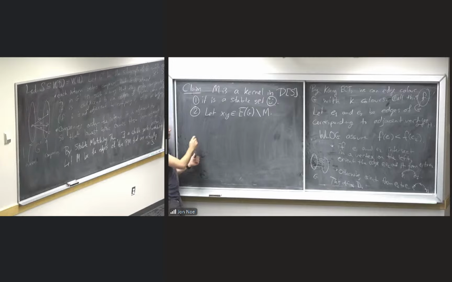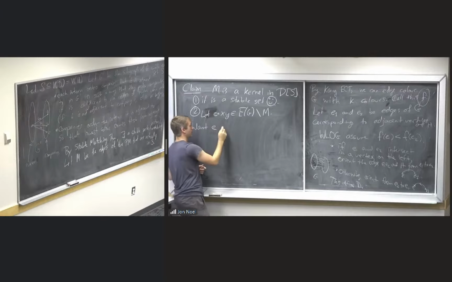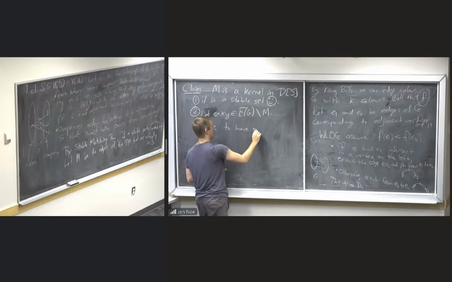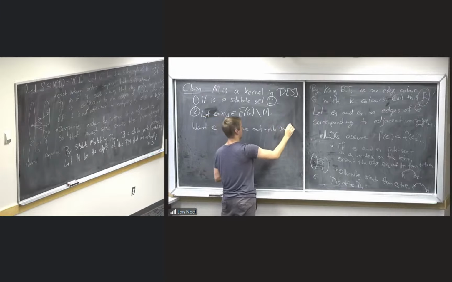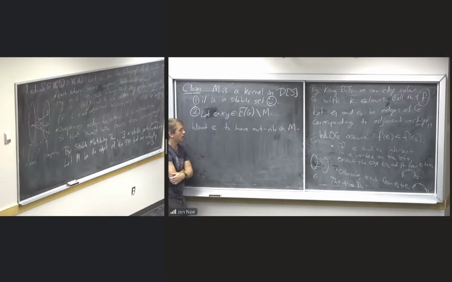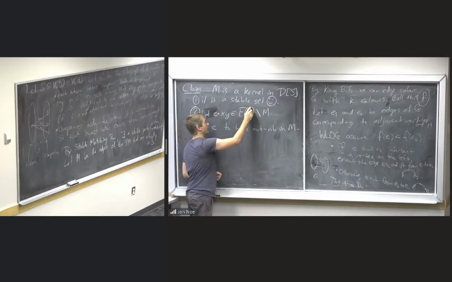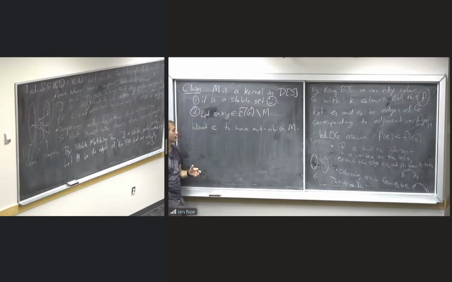I need to show, so let's say maybe I'll call this edge E, but it's also xy, I want to show that E has an out neighbor in M. Oh, sorry, this should be E prime. So it's an element of S that's not in M.